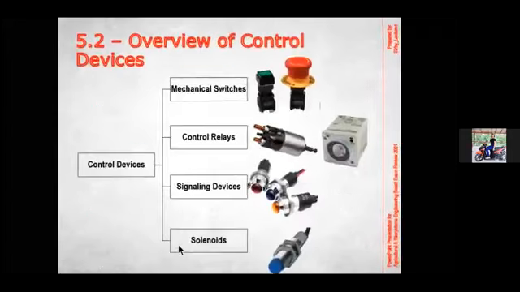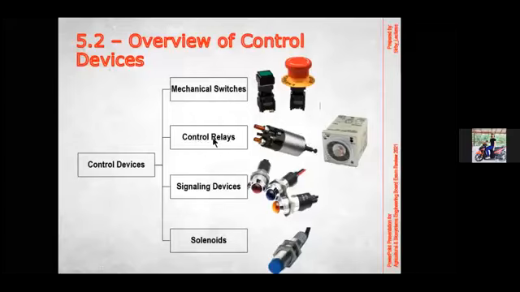And now for the overview of the control devices, these are just some, and the first one is the mechanical switches. They are devices intended to close a circuit or open a circuit. And we also have control relays, which can be a switch or something like an electromagnetic switch.